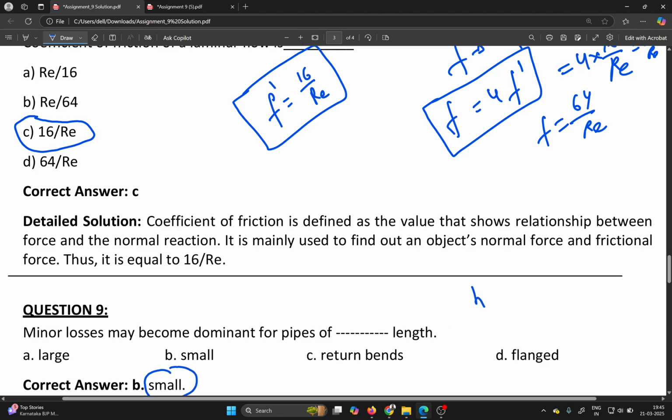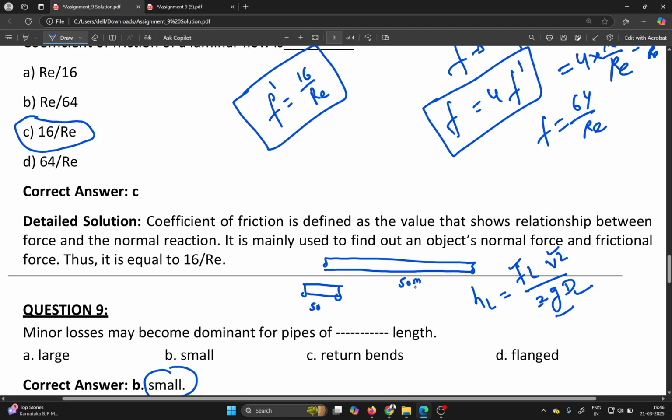Because your major losses depend on f L V square by 2 g D. Whether your pipe is small or long, the velocity, the friction factor, diameter, g and 2 will be constant for both. If this is, let us assume, 50 centimeter and this is 50 meter, everything will be the same, only length is fluctuating.